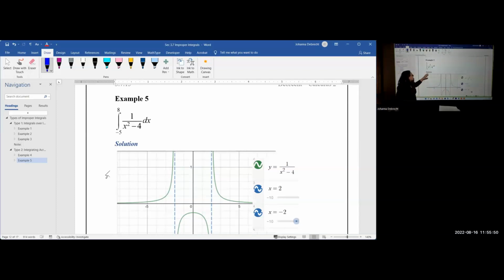And so we look again at the denominator to see what makes it 0. We got -2 and 2. And we note that both -2 and 2 fall between the limits of integration. And that means that we will need to split this into multiple integrals. So we're going to have to integrate from -5 to -2.